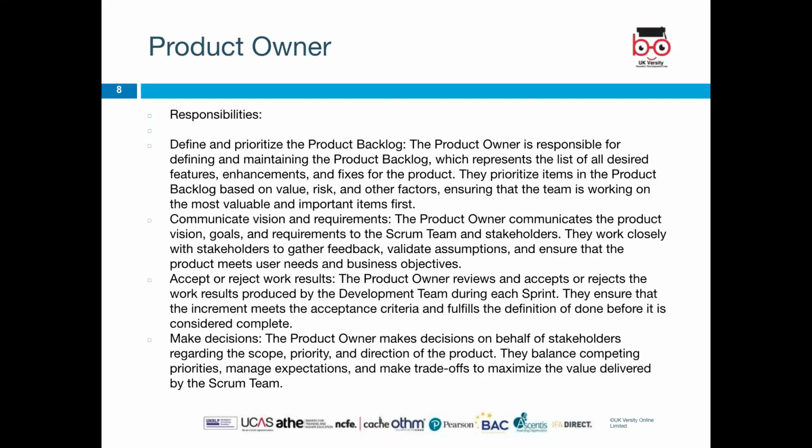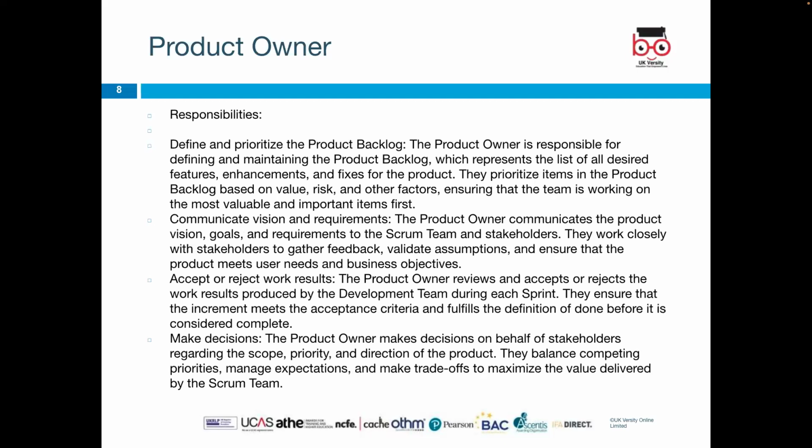So the product owner, these are the responsibilities of the product owner. They define and prioritize the product backlog. The product owner is responsible for defining and maintaining the product backlog. They also communicate vision and requirements. The product owner communicates the product vision, goals, and requirements to the Scrum team and stakeholders.